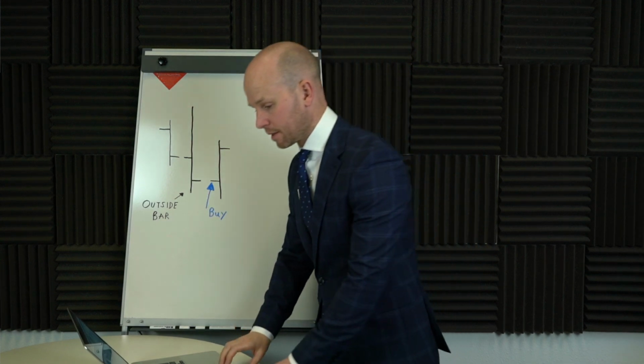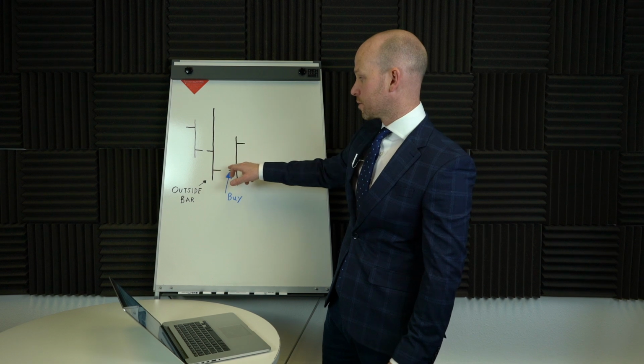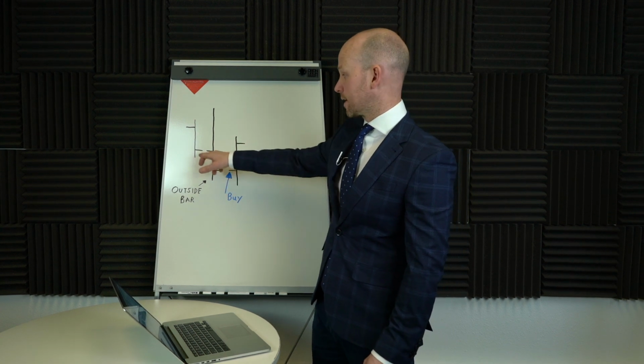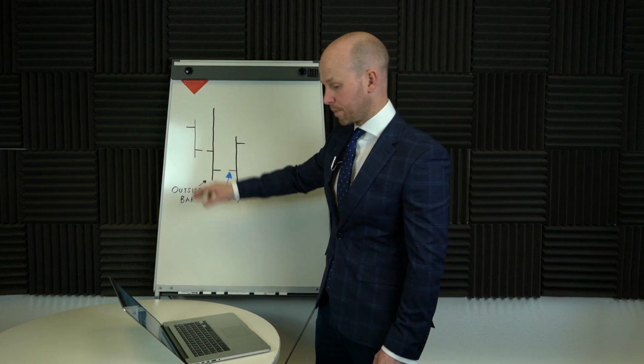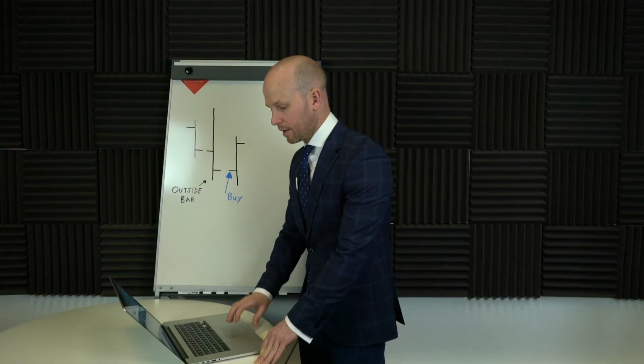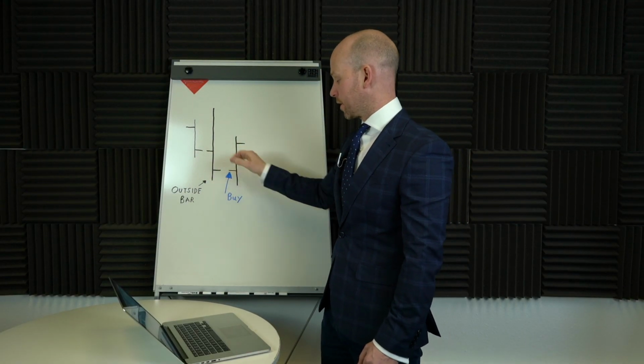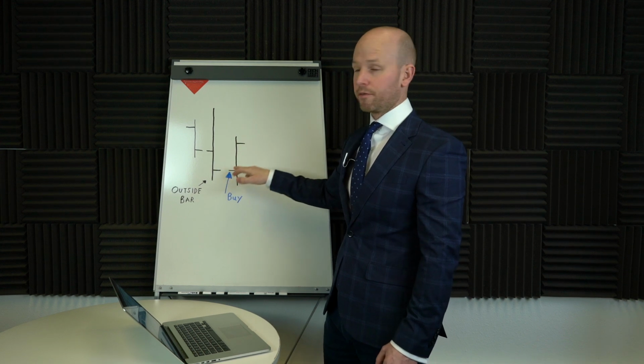It's that easy. And the next condition, remember, we want to see this close, so this current close is less than the low of the previous bar. So we say if the close 0, that's the current bar, is less than the low 1, which is 1 bar back, then, and this is where it sends out the buy order, buy next bar at market. At market means that the next moment in time is going to be the open of the next bar.